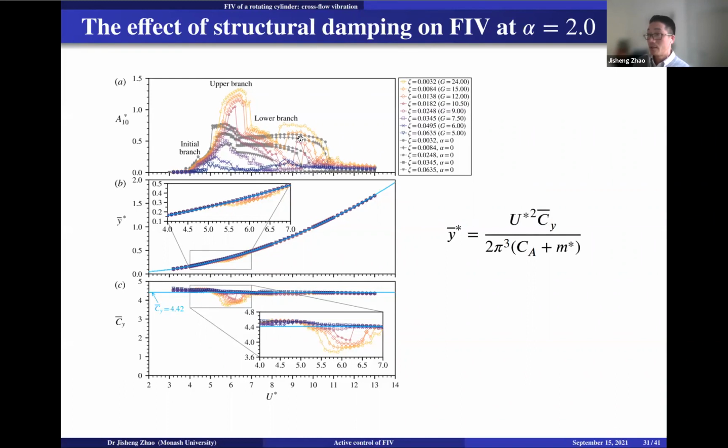The symbols in gray represent the case of the non-rotating cylinder. For the non-rotating case, even when I increase the structural damping to the same level as the rotating case, you can still see significant structural vibration.